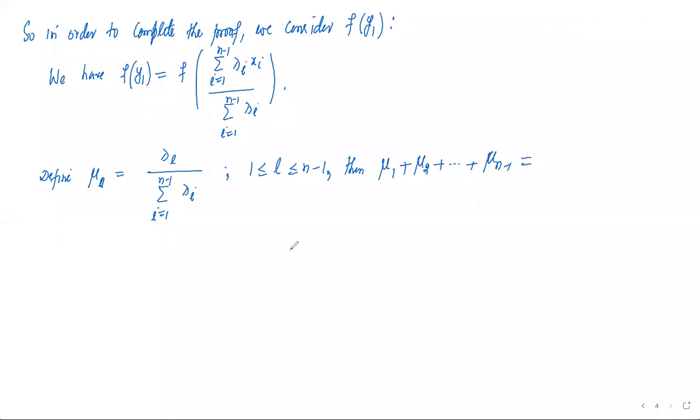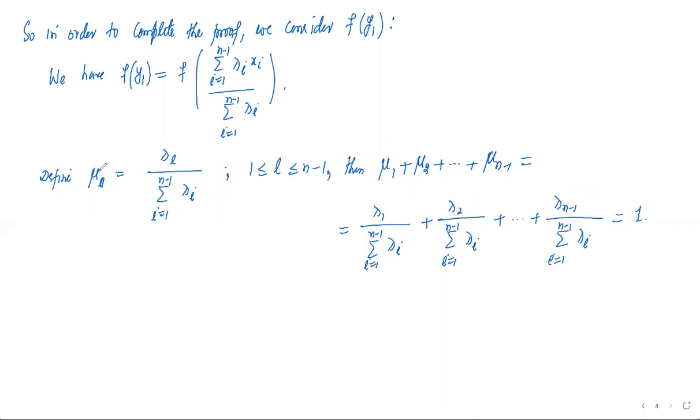We write this as: the value of mu1 is lambda 1 divided by summation i running from 1 to n minus 1 lambda i, then plus mu2, which is lambda 2 divided by summation i running from 1 to n minus 1 lambda i, then plus so on, up to lambda n minus 1 divided by summation i running from 1 to n minus 1 lambda i. So here we have the sum of n minus 1 terms, and the numerators are lambda 1, lambda 2, up to lambda n minus 1, and the denominator is summation i from 1 to n minus 1 lambda i. So the numerator and the denominator are the same. Therefore this quantity is equal to 1.